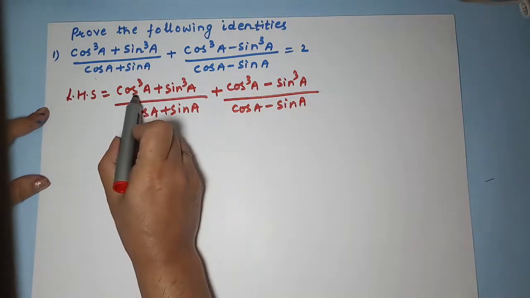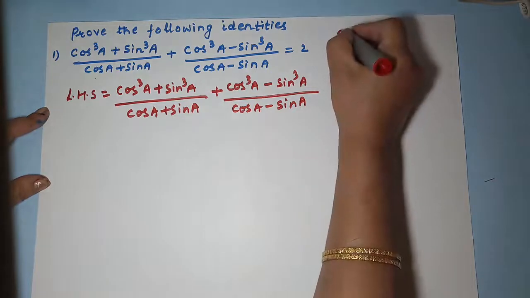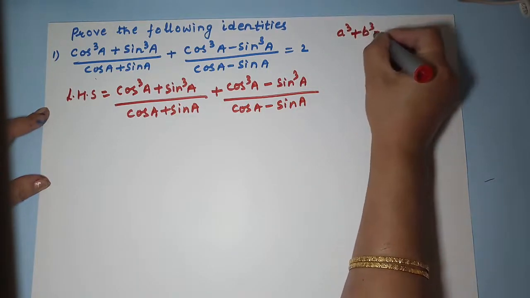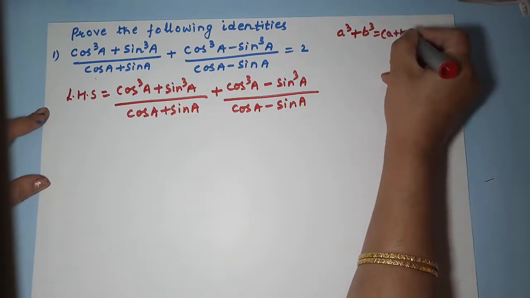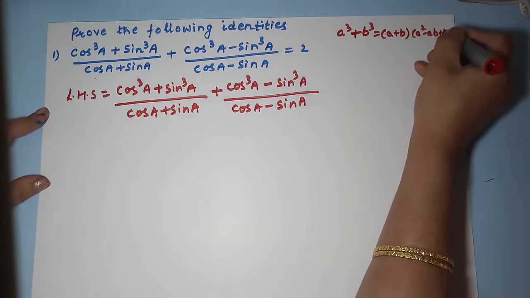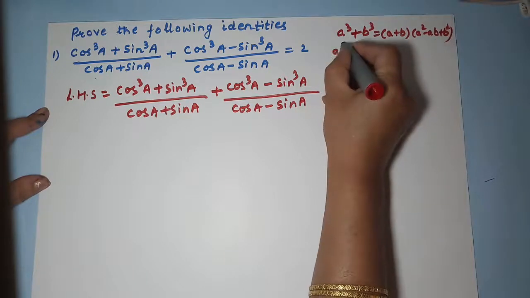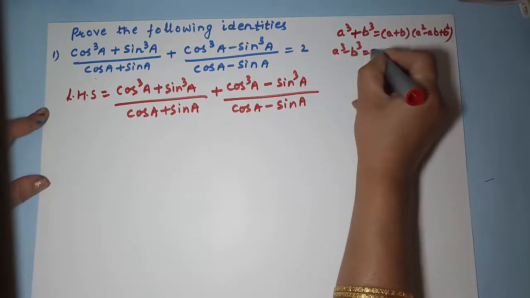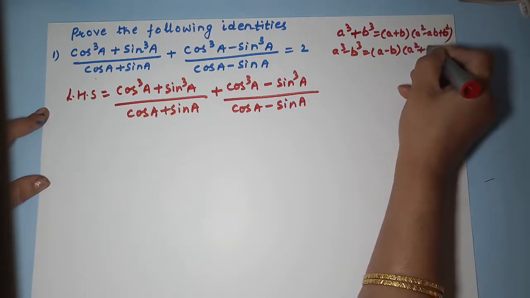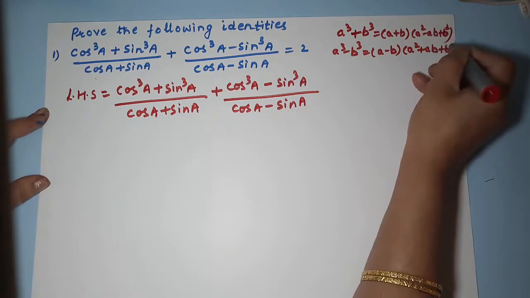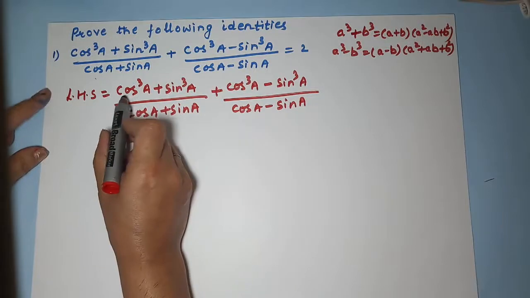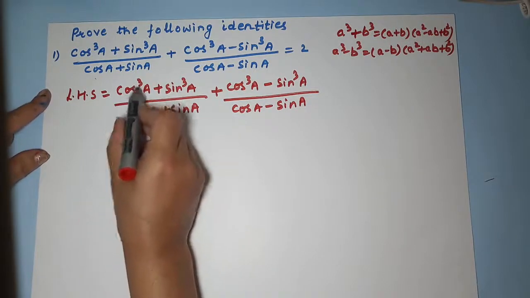Now I can use the identity. I know that A cube plus B cube is equal to A plus B into A square minus AB plus B square, and A cube minus B cube is equal to A minus B into A square plus AB plus B square, right? I'll use these identities here. So what will be this part? This is A cube plus B cube.